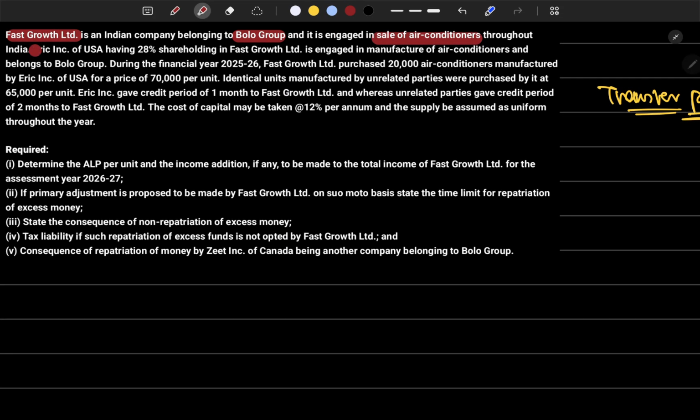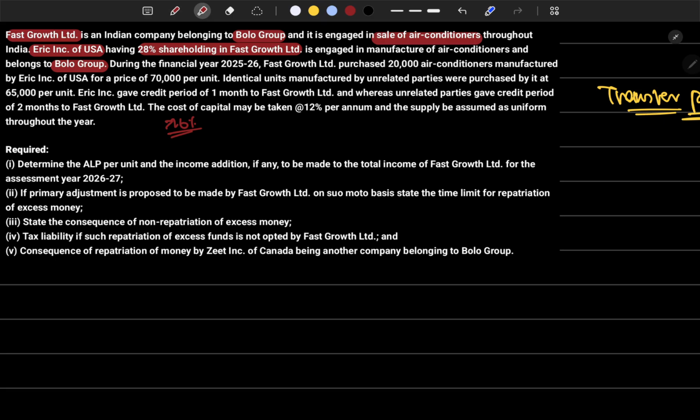Eric Incorporation of USA, having 28% shareholding in this company, is also having 28% shareholding in more than 26% itself. They become deemed associated enterprises. So Eric and Fast Growth also become AEs, and it belongs to Bolo Group also. Bolo Group is the top group, and below that Eric and Fast Growth come.